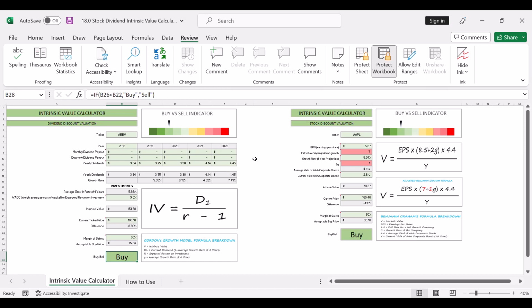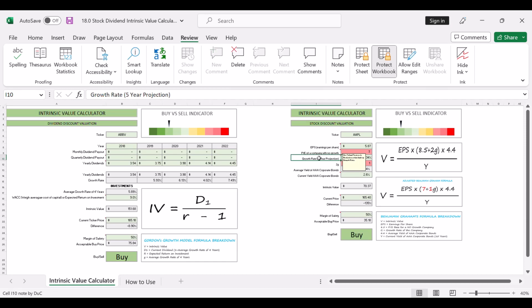So now let's jump over to the other intrinsic value calculator, the stock discount valuation. This is a little bit simpler. We're going to look at AAPL. The EPS earnings of AAPL is $5.87, and again, you can get that information off of Yahoo Finance. And here you can set if you want the more conservative or the regular standard Benjamin Graham formula. Let's say we're going to run it conservative here.